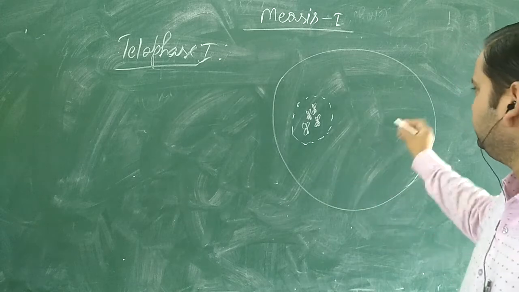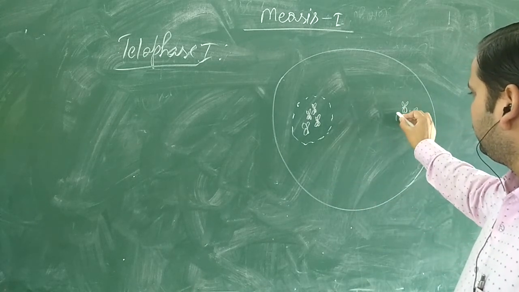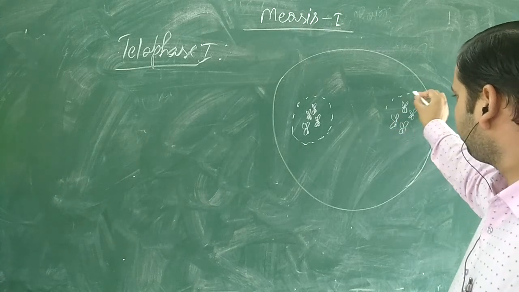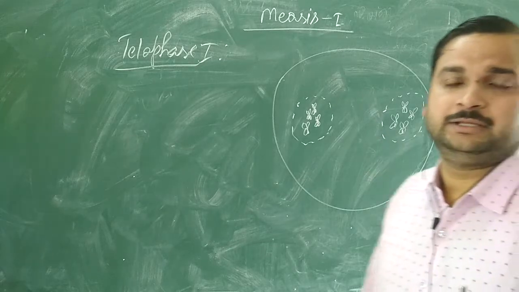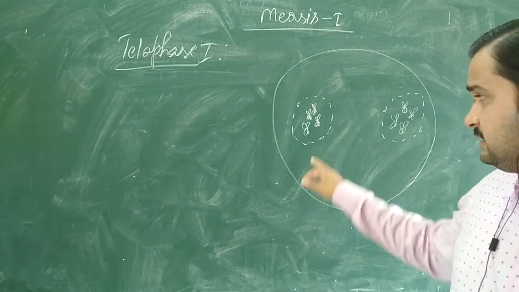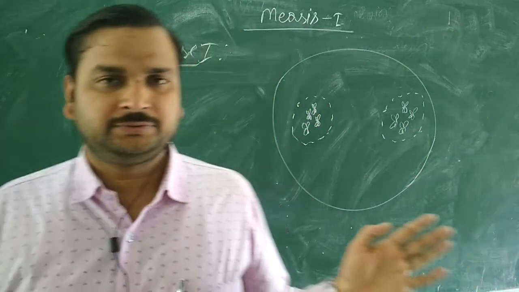This is one daughter nucleus. This is another daughter nucleus. So two daughter nuclei are formed. Even in some of the cells, it is observed that the chromosomes become decondensed.